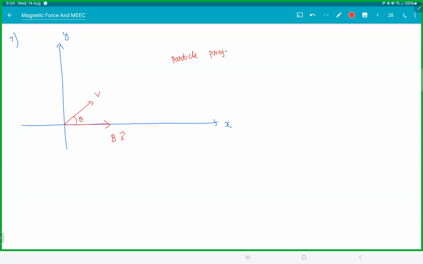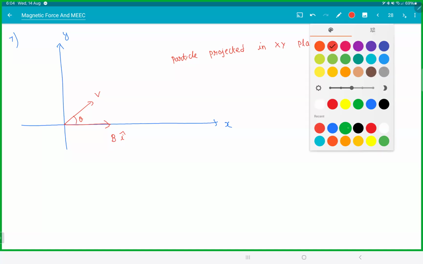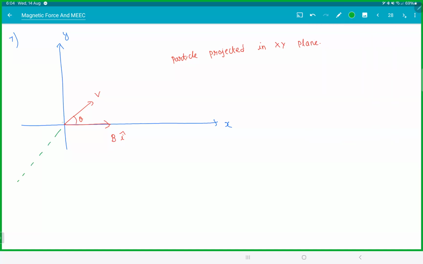Particle projected in the XY plane, and that's your z-axis. Find the coordinates at time t. Find the x coordinate, y coordinate, z coordinate at time t. If you do that, you've got everything about the helix. They can ask you multiple questions. When will it cross the x-axis again? What is the distance? What is the displacement? You can find all those. Find the coordinates.